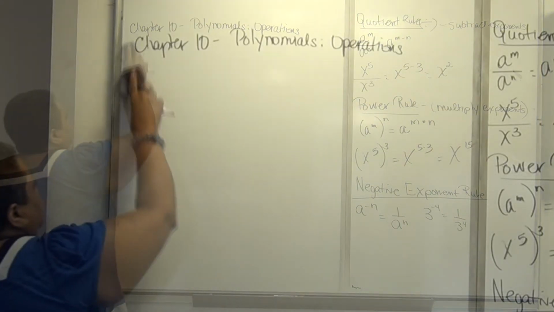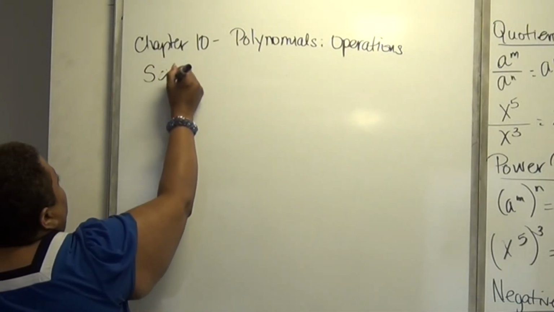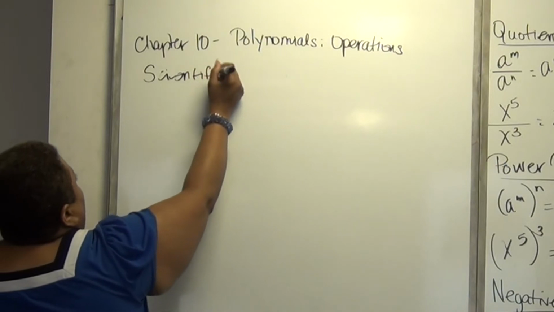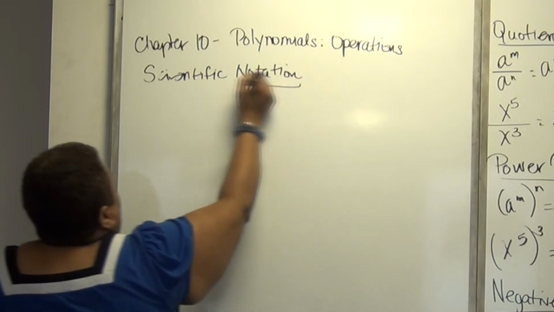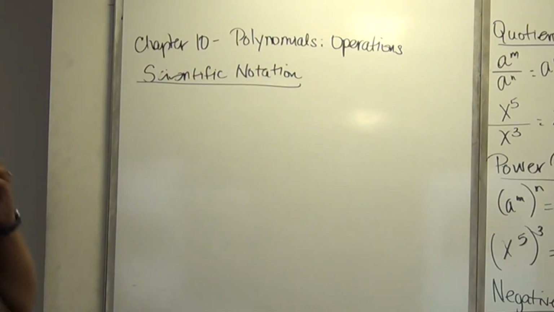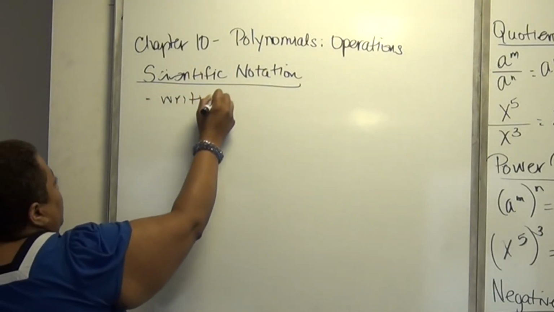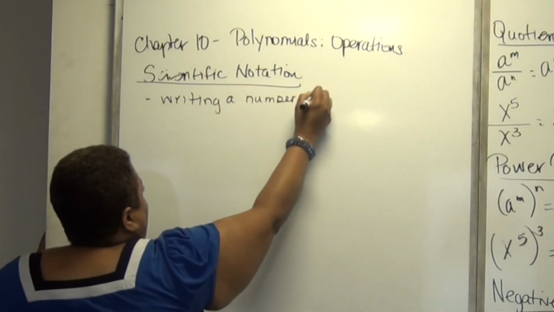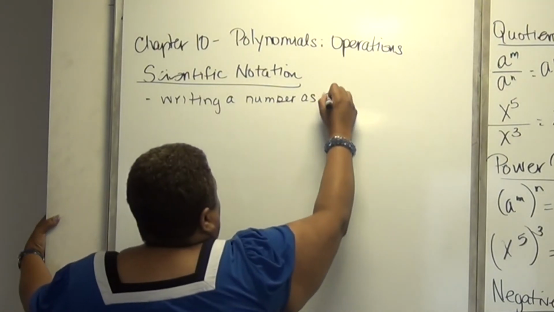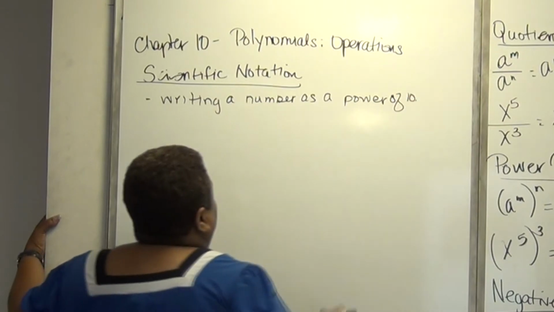Scientific notation. Scientific notation is writing a number as a power of 10.